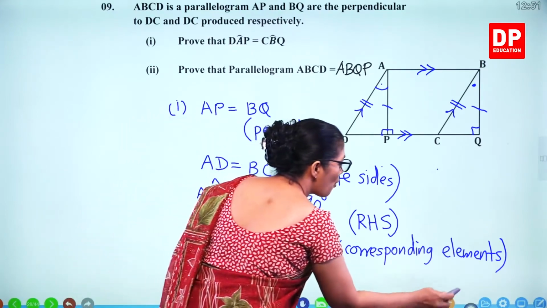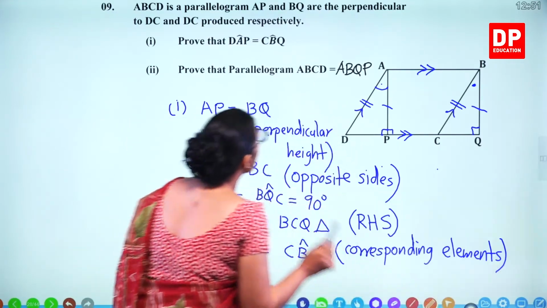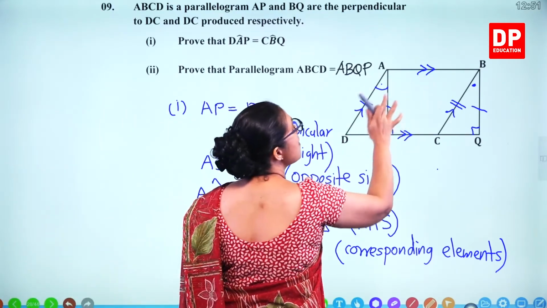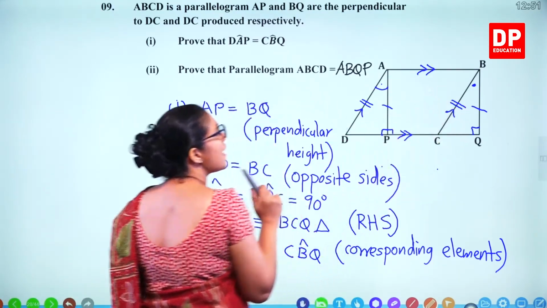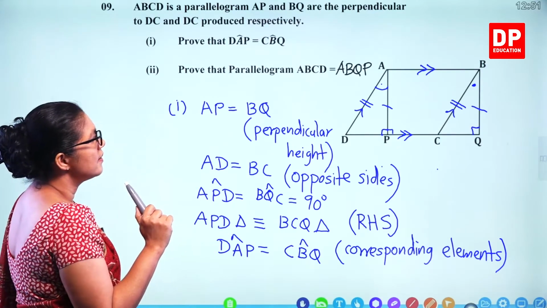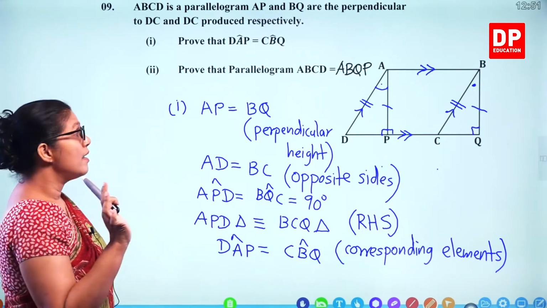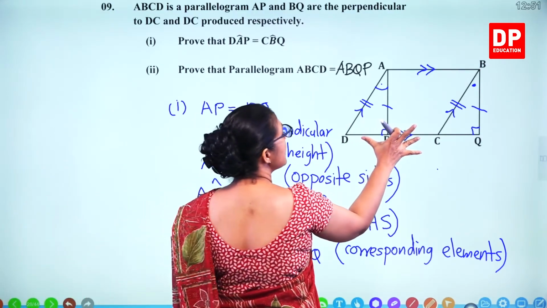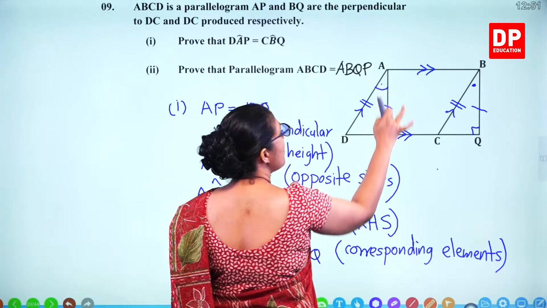So how can we show that? A parallelogram is the same as the rectangle. So what's the area? Area of a parallelogram is base length into perpendicular height.